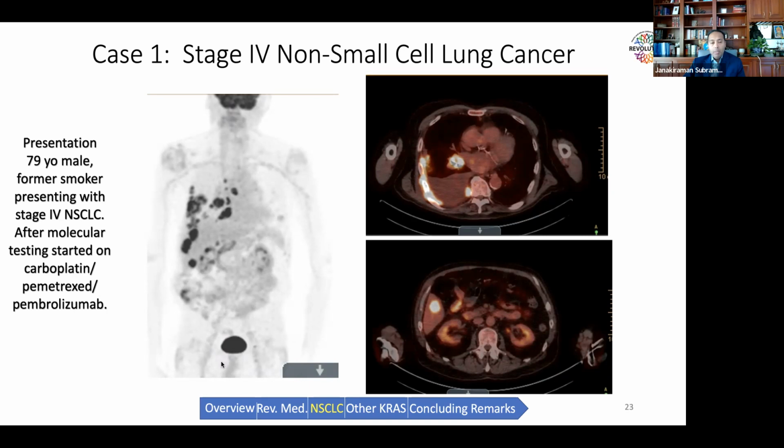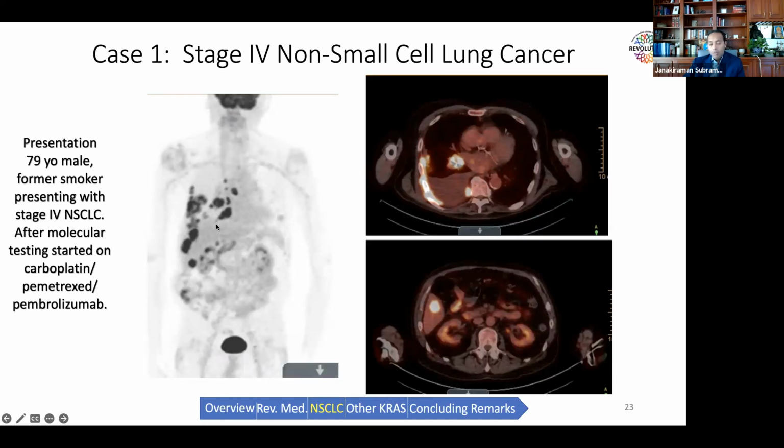And as you can see on the PET scan, there's very diffuse disease. On the right side lung, you can see multiple tumor nodules, and then you can also see the metastatic disease involving the chest wall, and subsequently in the liver, a significant amount of disease burden.